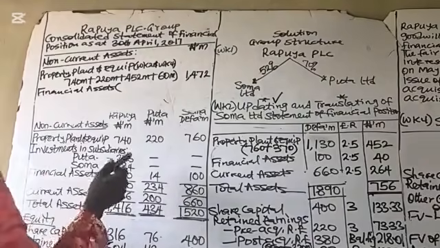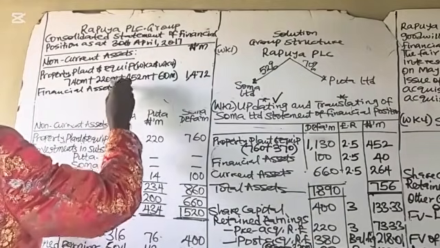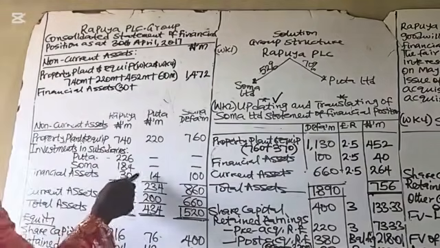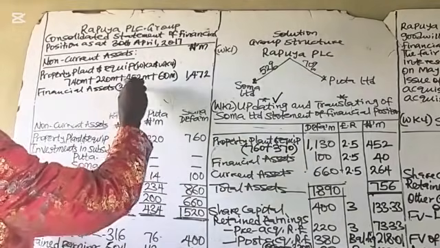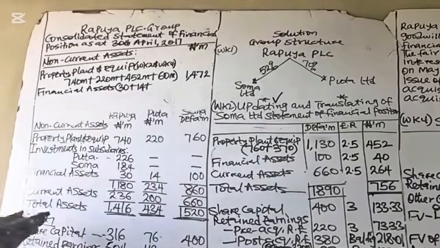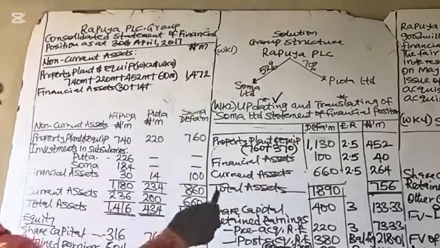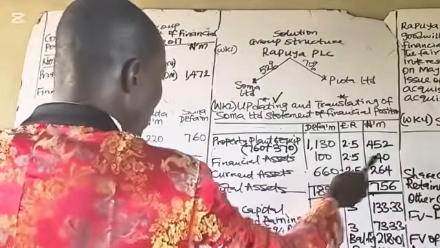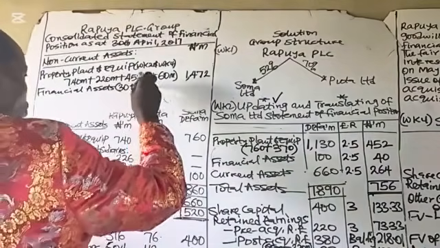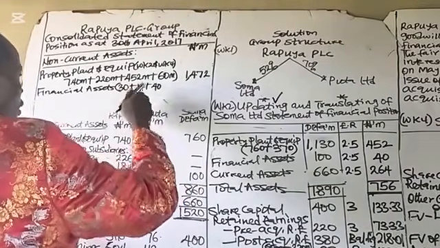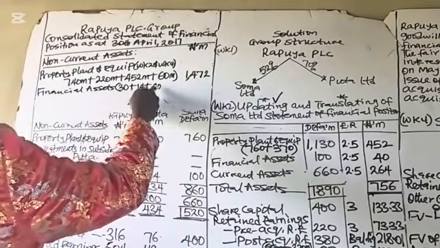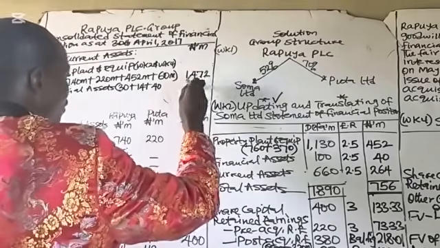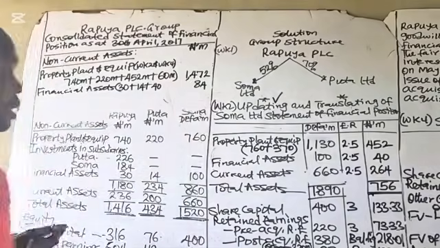Rapuya 30 million plus Puta 14 million plus Soma. We have 40 million as financial asset of Soma. 30 plus 14, that is 44, plus 40, that is 84 million.